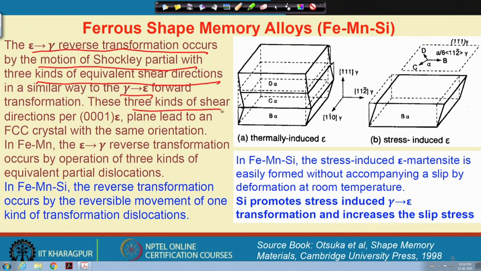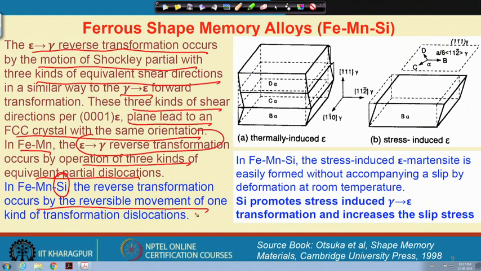However, these 3 kinds of shear that I showed in the earlier slide, on that plane, lead to an FCC crystal with the same orientation. And unfortunately, in the iron manganese system, the reverse transformation occurs by all these 3 equivalent partial dislocations, whereas if you add silicon into it, then only one type of dislocation is actually involved in this reversible transformation.